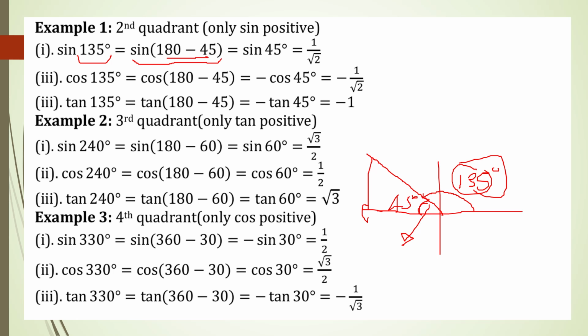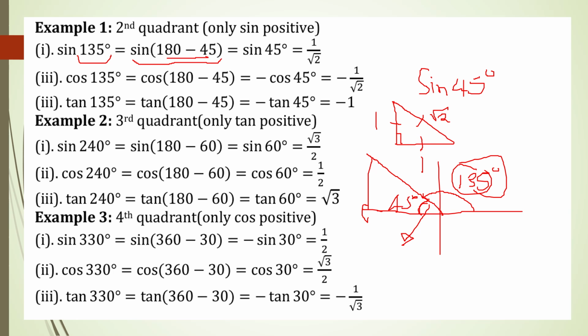Here, to get sine of 45, remember that 45 degrees is a special angle. We saw that this special angle comes from this triangle, where this is 1, this is also 1, and this is root of 2. There are 3 special angles: 45 degrees, 60 degrees, and 30 degrees.